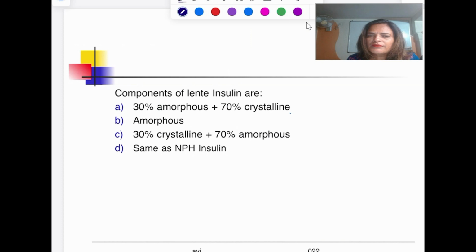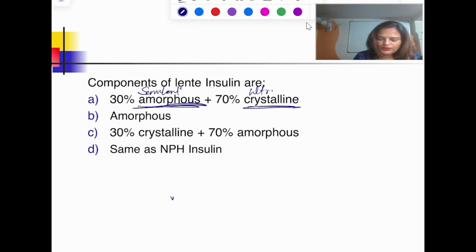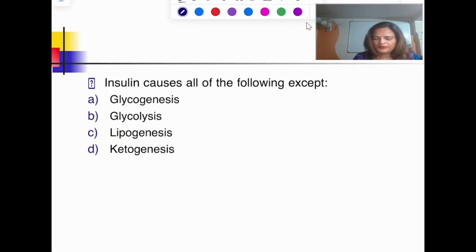Usually we say ultra lente and semi lente. Semi lente is 30%. This is semi lente, short acting, and this is ultra lente. Remember, in semi lente the zinc particle size is small and crystalline, while in ultra lente the zinc particle size is bigger. So this is the correct choice. You have to remember this one.